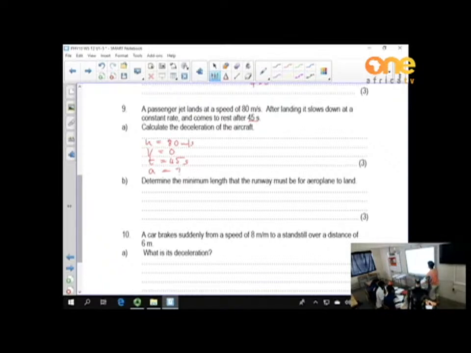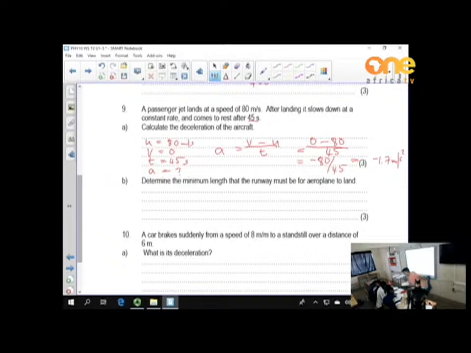Which formula? V minus U over T is equal to acceleration. So, V is 0, U is 80, and the time is 45 seconds. So minus 80 divided by 45 is equal to minus 1.7 meters per second squared.